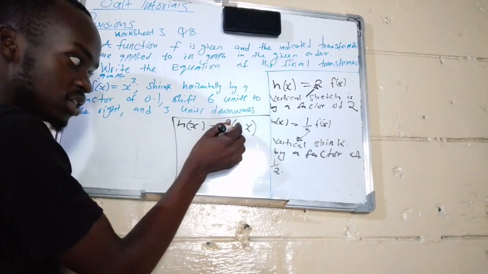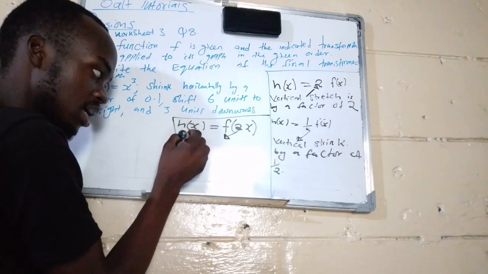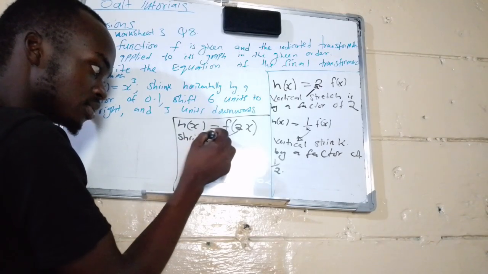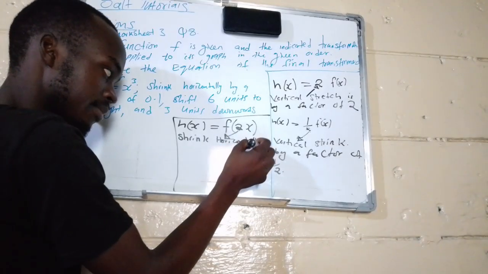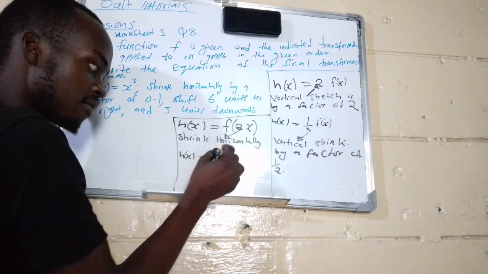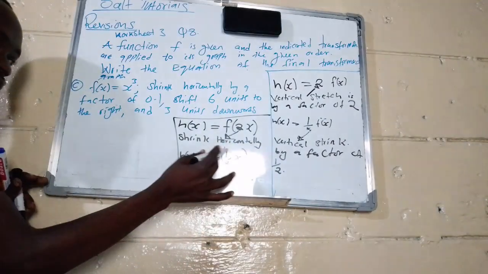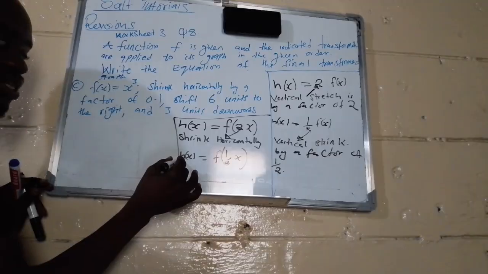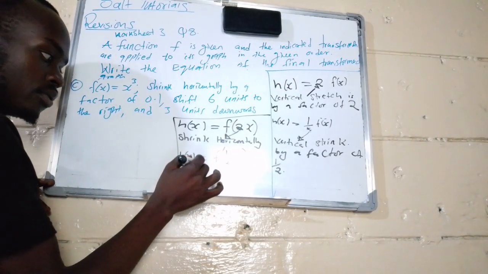So this 2 is causing the function to what? Shrink horizontally. But if I have h of x equal to f of 1 over 2x inside there, this is less than 1. It's causing the function to what? Stretch horizontally.